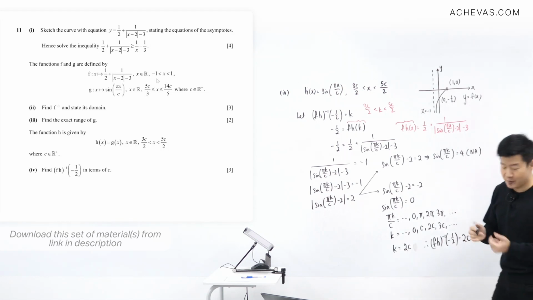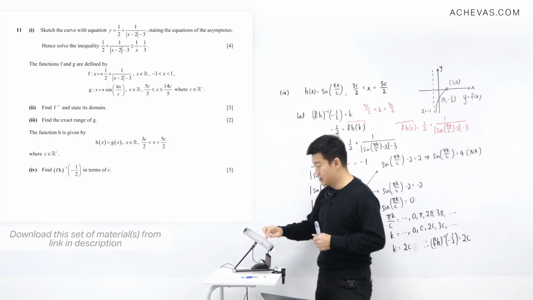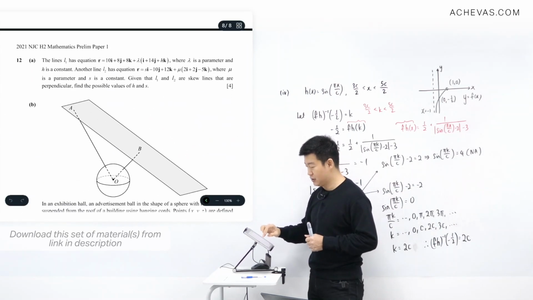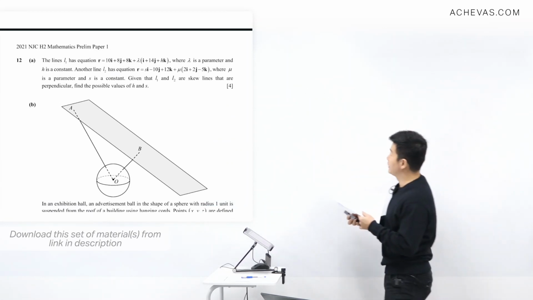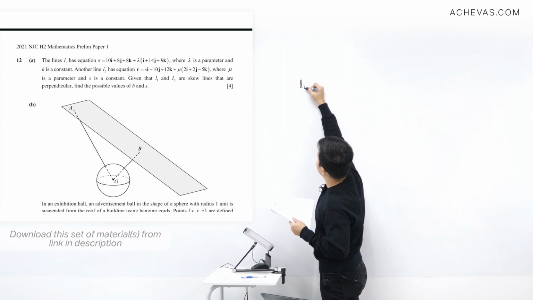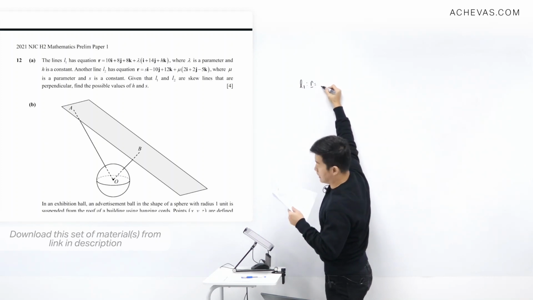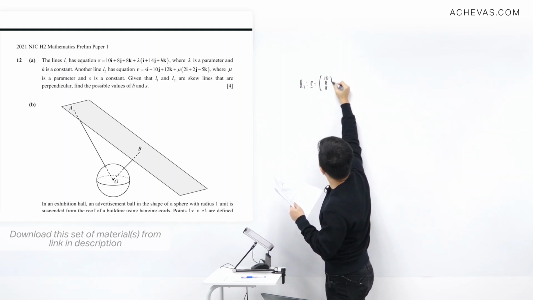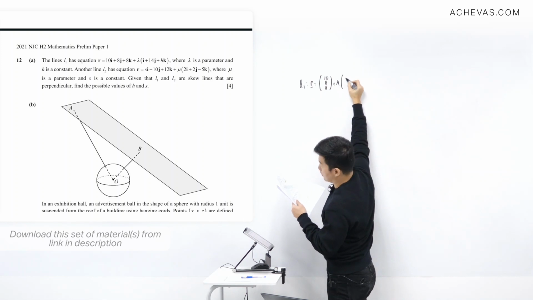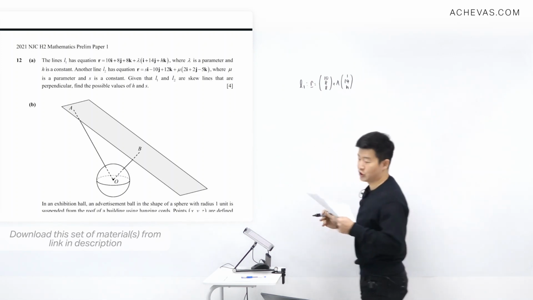Okay, finally, we're going to be moving on to our last question. It is a vectors question. So for this question number 12, we have two lines. Let me write down the equation of the two lines. So L1, we are given it as r is equal to (10, 8, 0) plus lambda of (1, 14, h).